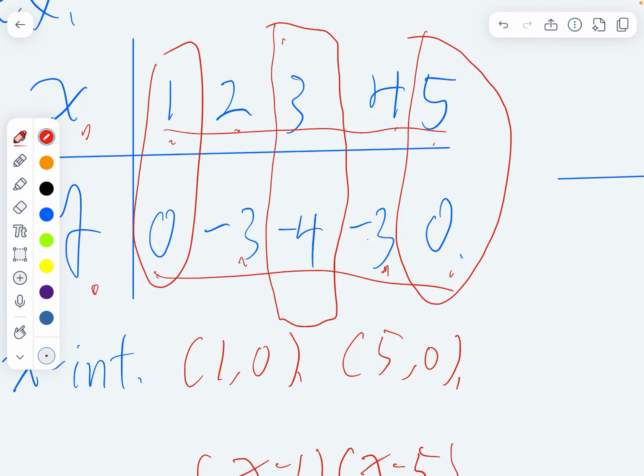So we can conclude that (3, negative 4) is the vertex. So the graph can be drawn here.